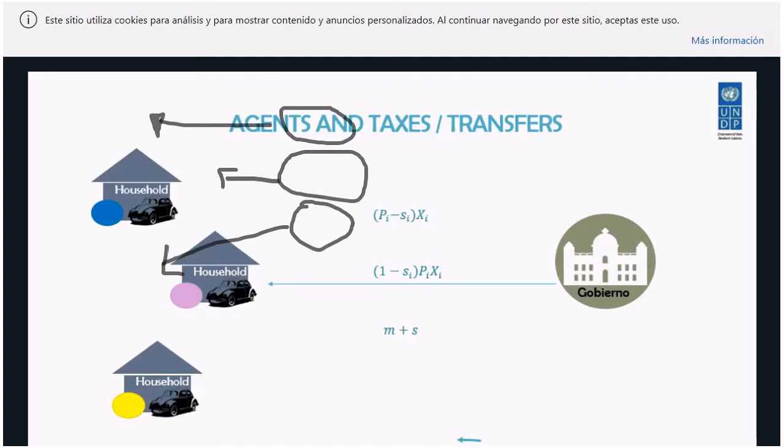So this household could greatly benefit from a subsidy on the consumption of electricity, so it can produce more.